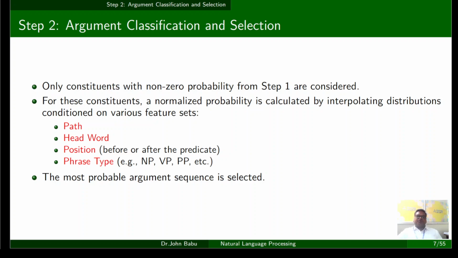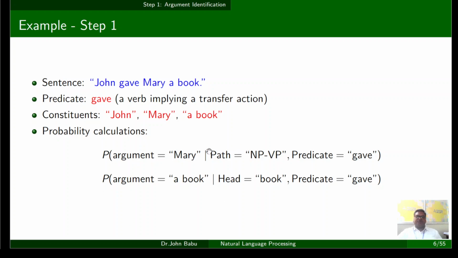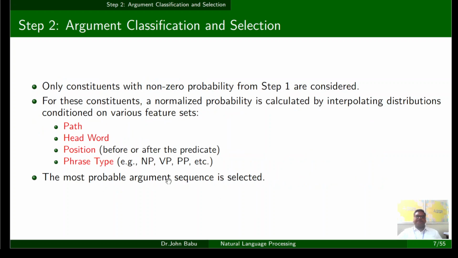only non-zero probabilities will be considered, and based on that, a normalized probability is calculated by interpolating the probability distributions. Based on that, feature sets will be labeled: path, head word, position, phrase type. From these features, we'll be calculating the probability.